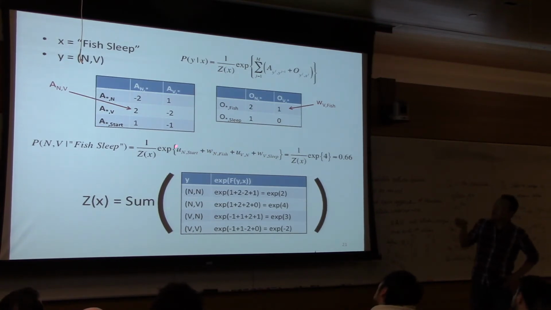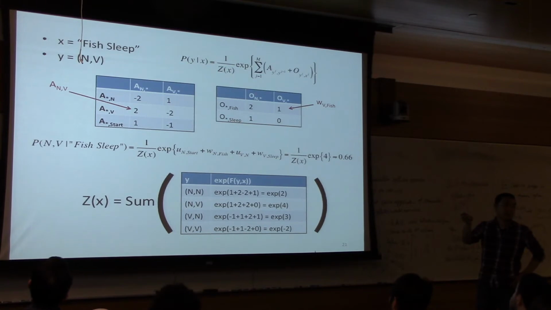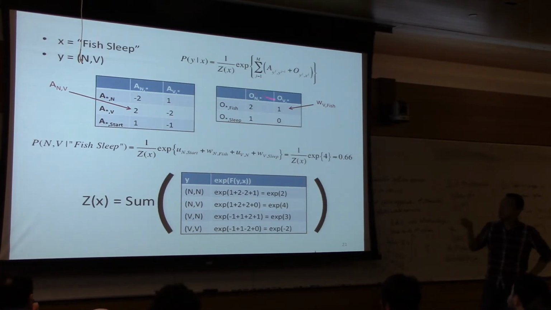Anyways, the idea is that there are four things in this sequence of length 2: a transition from start to noun, a transition from noun to verb, an emission from noun to fish, and an emission from verb to sleep. There are four things in the summation, and if you read off what they are in this matrix, you get the total score.